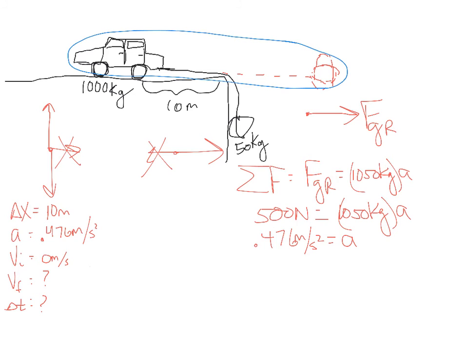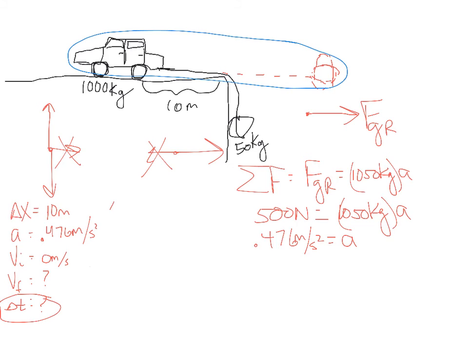So is there an equation that we can use that has those three variables that we can figure out how long they have? Oh, I said that we don't care about the time. Of course we care about the time. It's the VF we don't care about. So we need the delta T. Is there an equation that has delta T in it, doesn't have VF in it, but has VI, A, and delta X? Why, of course there is.